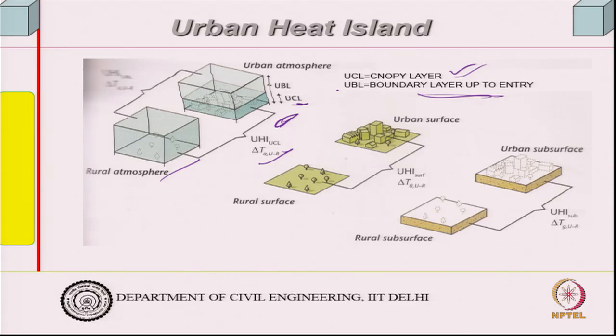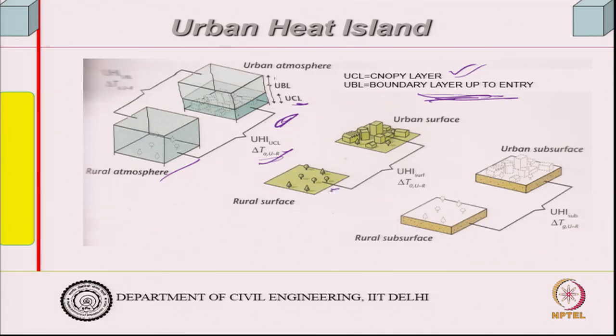And if you consider a layer above, where it enters into the common atmosphere, that is the boundary layer, up to the entry point, where you can consider the atmospheric boundary of that urban area. So, this is UCL and rural, and there is a difference, the delta T. The temperature difference between urban and rural will exist.